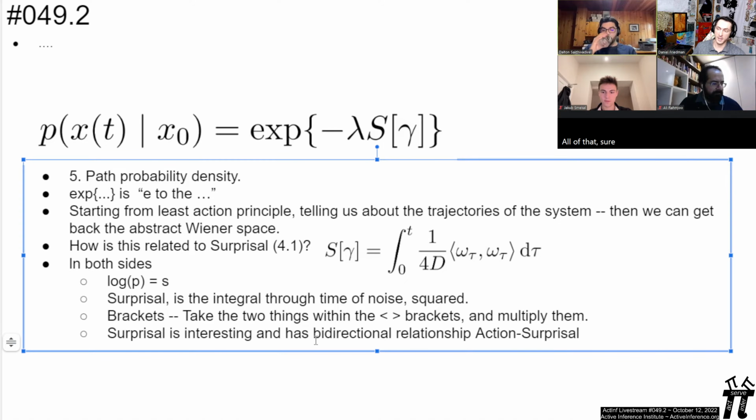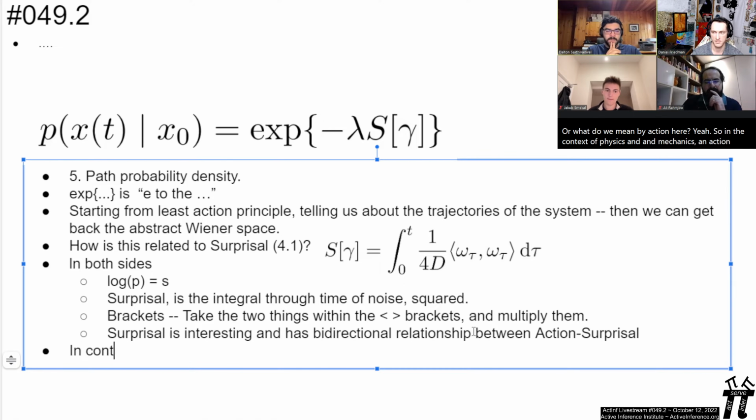Sure. I think surprisal may be more conventionally understood in a statistics framework, but what is action? And is this related to me moving my arm action, or what do we mean by action here? Yeah, so in the context of physics and mechanics, an action is a functional, so it takes a function and it gives you back a number.